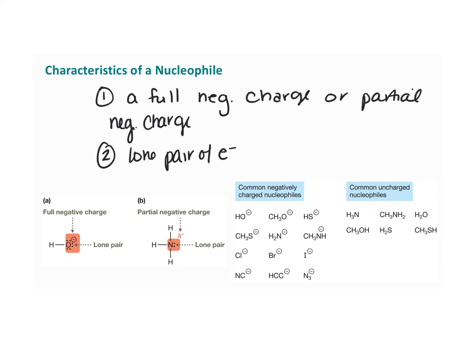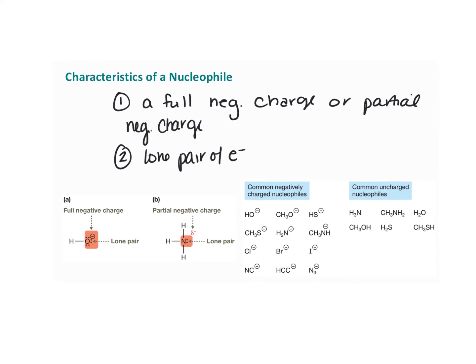And so we have here some commonly negatively charged nucleophiles shown here. Here's a partial negative charge, and then we can also see some commonly uncharged nucleophiles, and they have lone pairs. So notice nitrogen, oxygen, sulfur, those tend to make appearances pretty frequently as our nucleophiles.